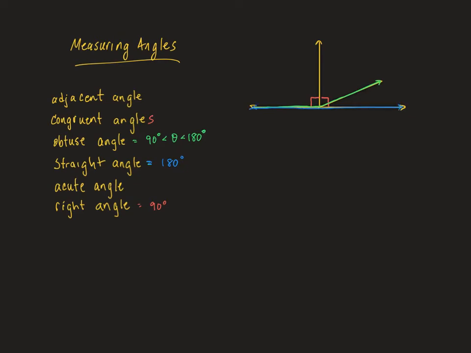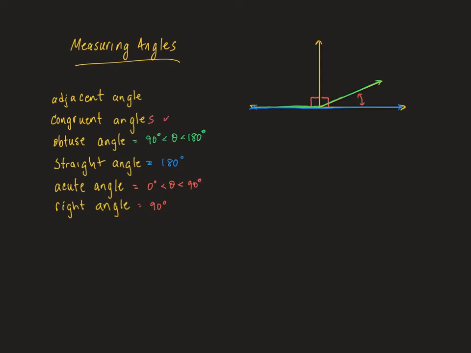A straight line is 180 degrees. And the only thing we didn't really cover is the acute angle, and that is going to be this measurement right here. An acute angle is going to be greater than 0 degrees, but less than 90 degrees.